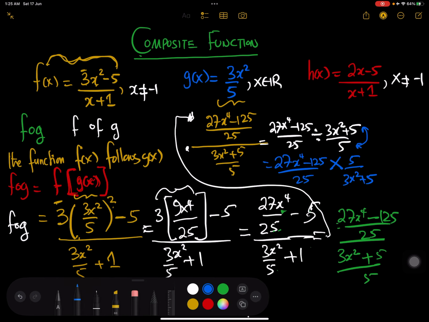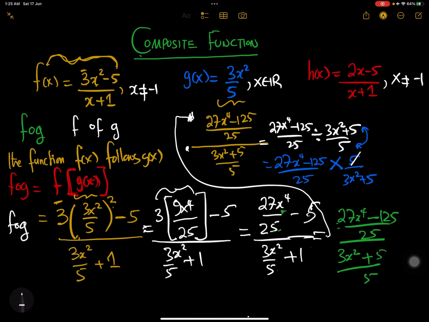And when we do that, this 5 goes here, and then we are going to have 27x^4 minus 125 divided by 5 into 3x squared plus 5. And that'll be our final answer.